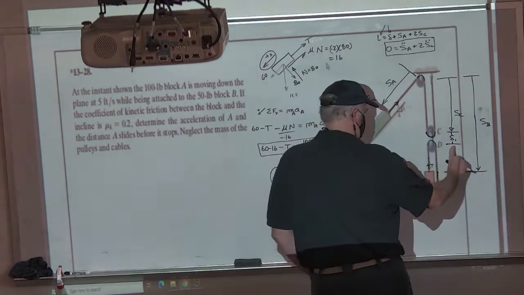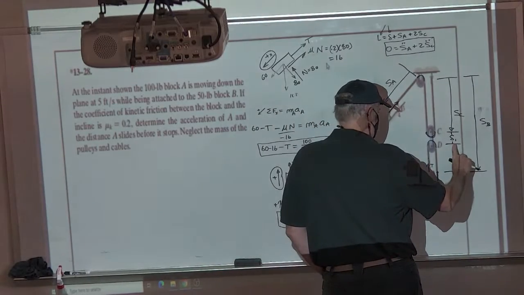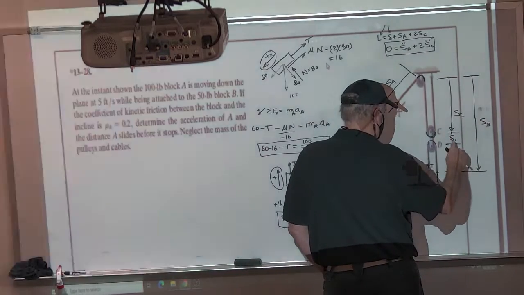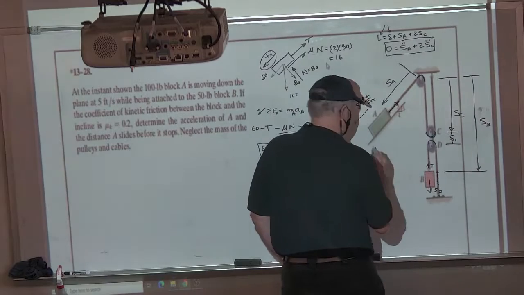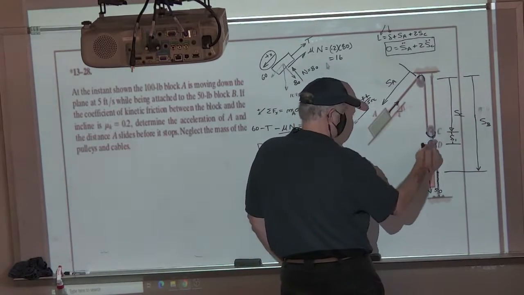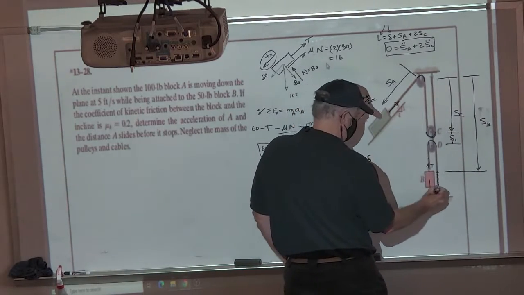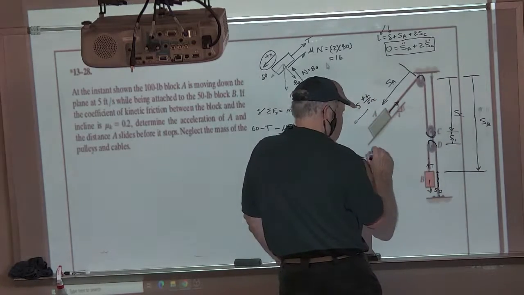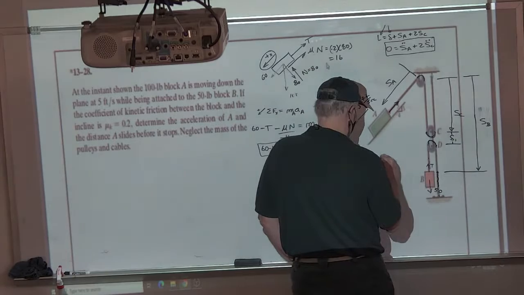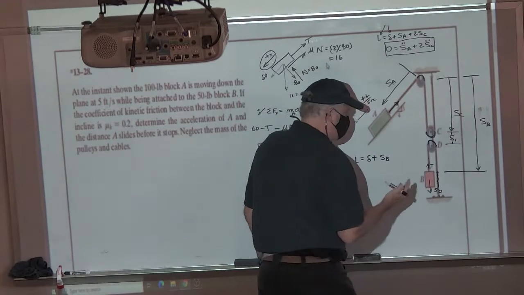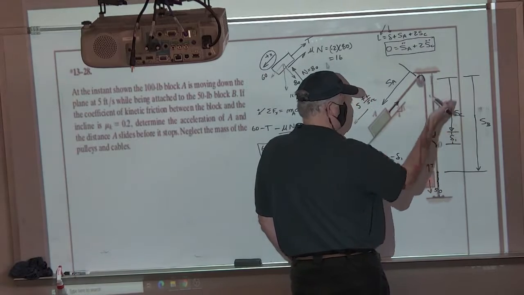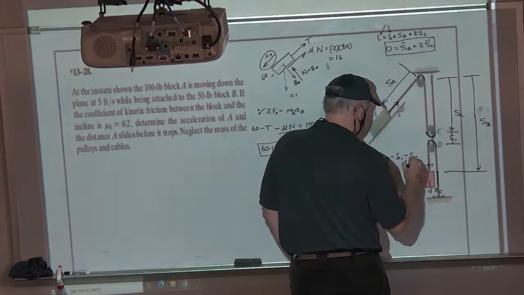So if I look at this distance, it becomes that minus this minus that. I'm going to include the deltas, which are still this and this, plus SB minus delta 1 minus SC.